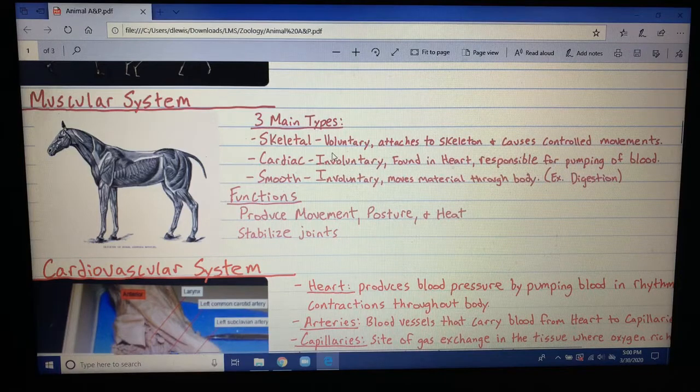The functions of muscle tissue in general are to produce movement or posture. Muscles will help stabilize joints, and so when you combine that with the ability to move, it allows you to stand up in an upright or whatever kind of position that you would need to be in.